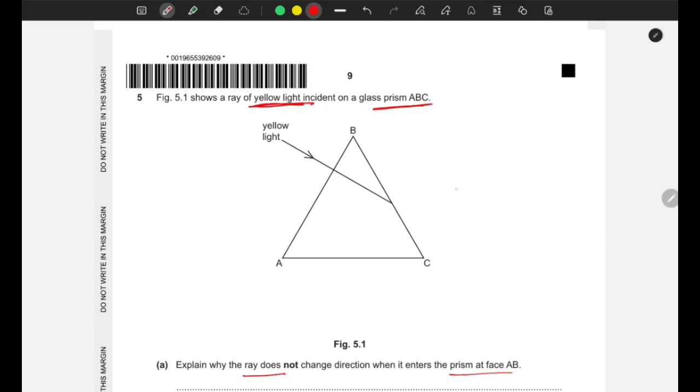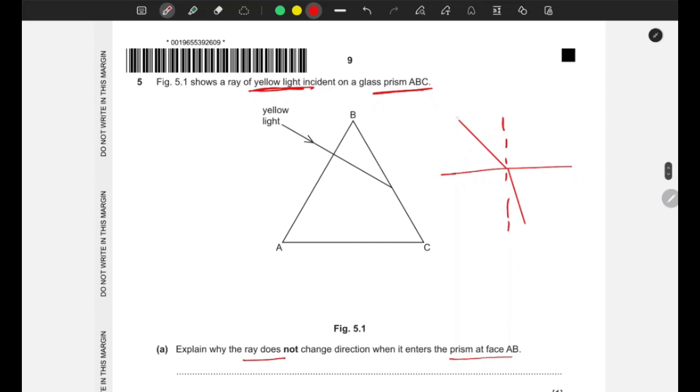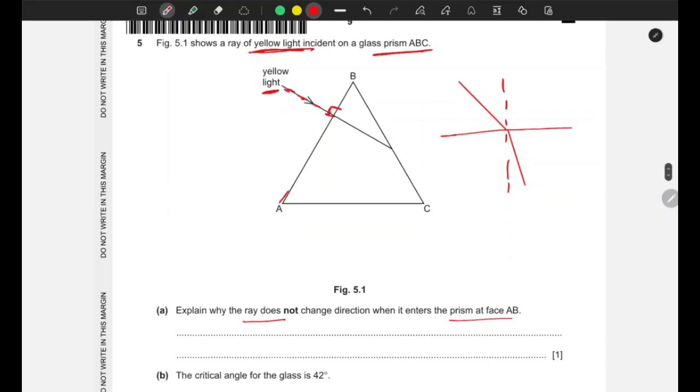Whenever we have refraction, there's always a normal line which is perpendicular, and we have the incident ray, and this incident ray is refracted, or the light rays bend. So whenever there's no bending, that means that this yellow light is perpendicular to line AB, meaning it's on the normal line. So if we draw the normal line, it's on the yellow light, and we have a 90-degree angle over here.